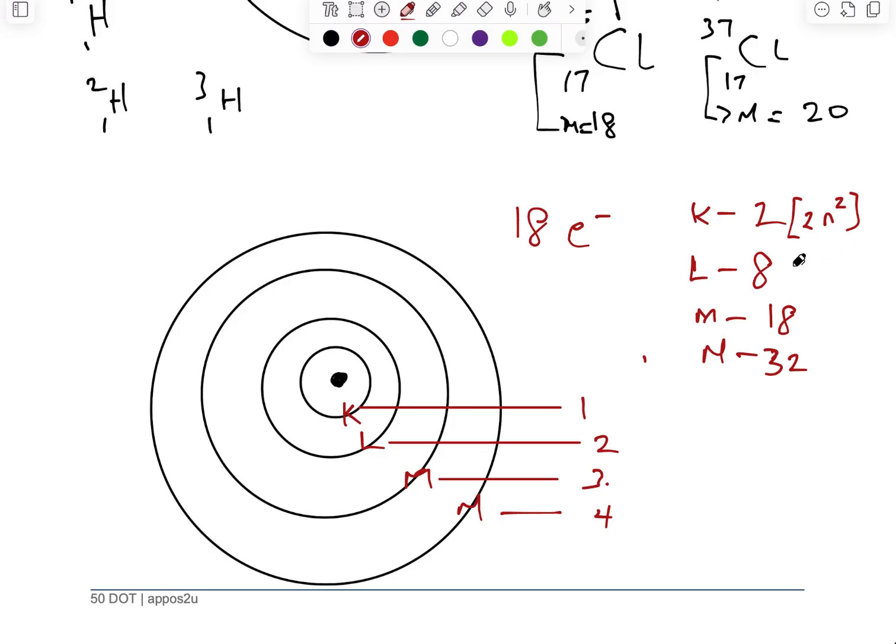However, when we are filling these 18 electrons into the shells, we start from the innermost shell, and we maximally fill this shell before we go to the next shell. However, there's a special rule for the M shell. Even though it can maximally contain 18 electrons, we do not fill the entire 18 for the first 20 elements.